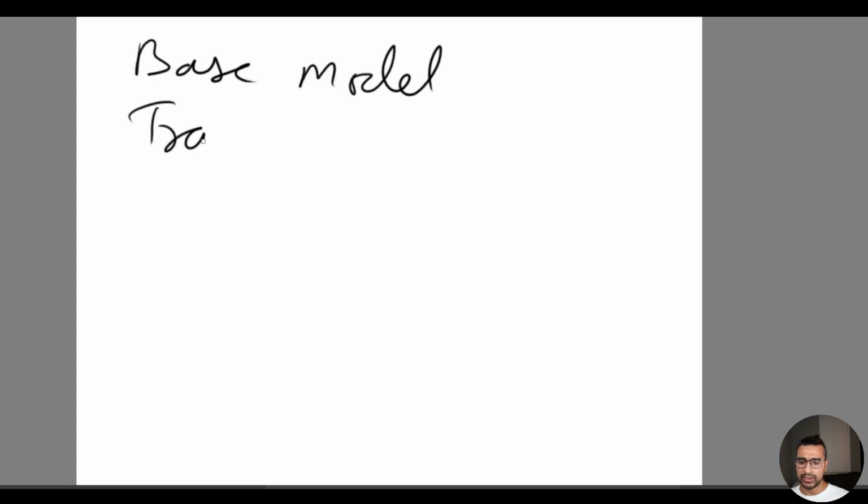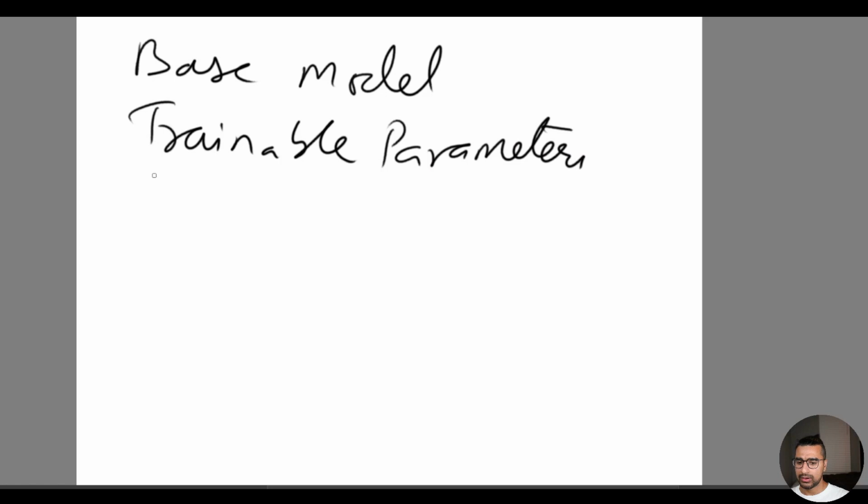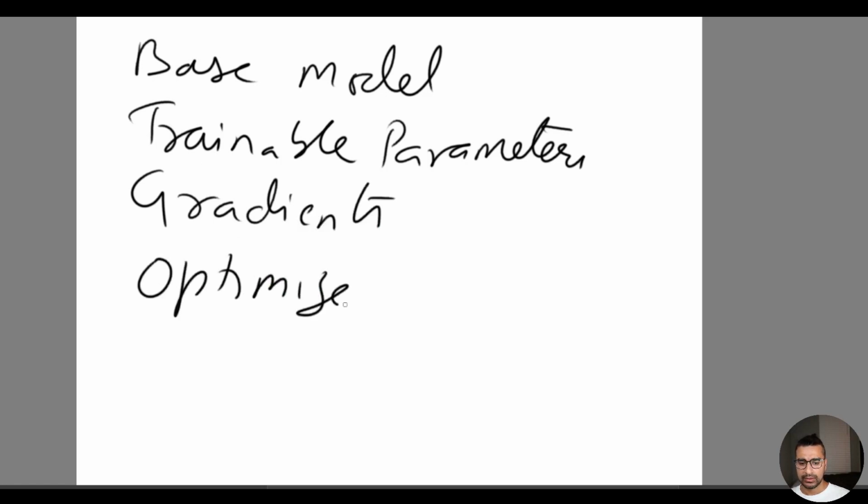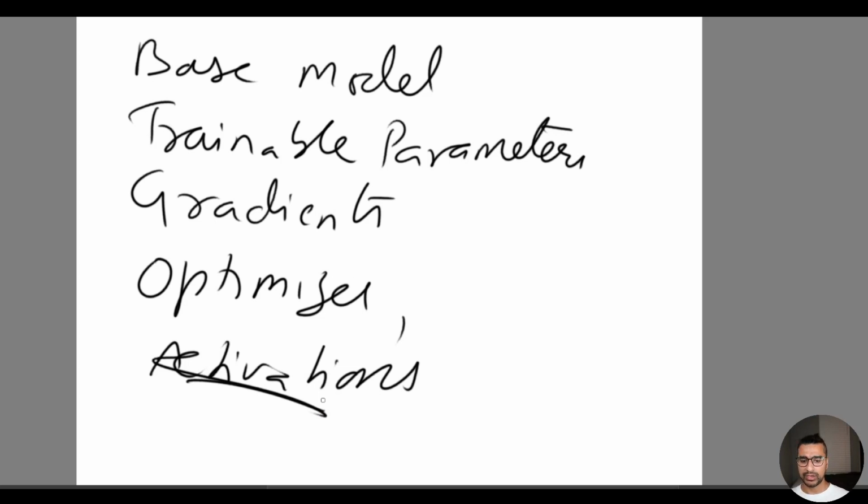And what exactly we learned in fine tuning is we need a base model, load the base model in whatever precision you want, and just load the trainable parameters using PEFT, and there will be GPU memory allocated for these trainable parameters, for the gradients, then for the optimizer, then for the activations. All right, and that's it for this video. Thanks.